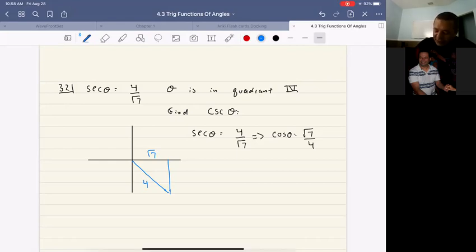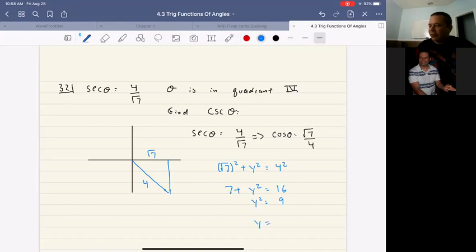So what we know is that root 7 squared plus y squared should equal 4 squared. So 7 plus y squared should equal 16. Y squared equals 9.